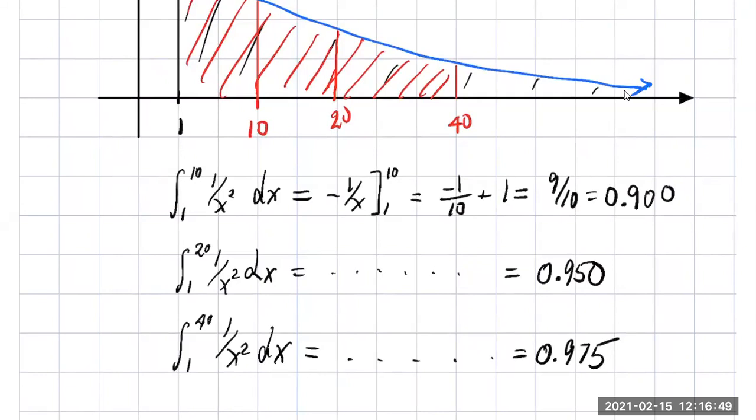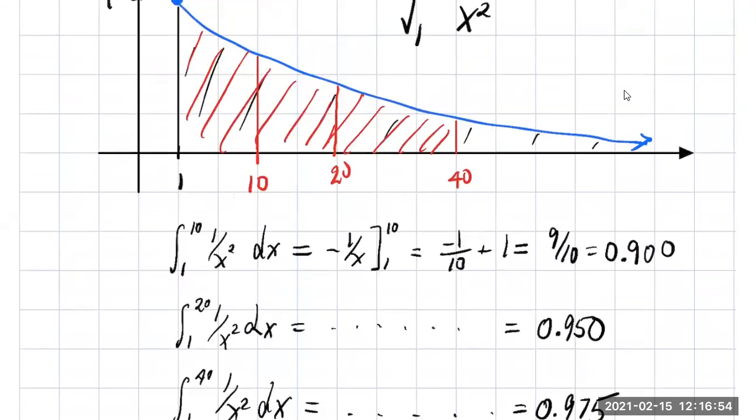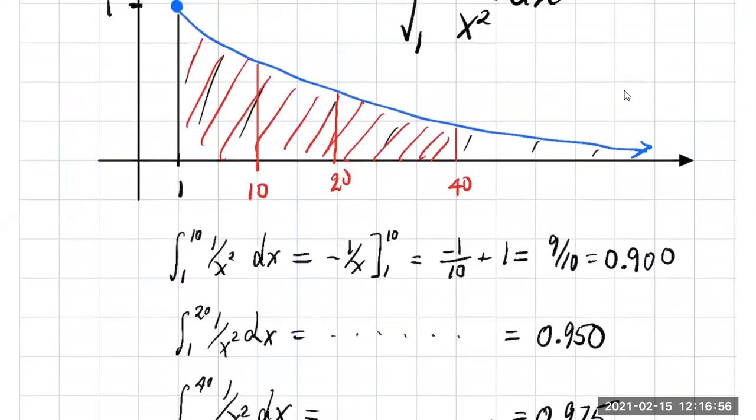See what we're doing here, gang? We're trying to capture more and more area under the graph. It's like we bite off a little bit more of the candy bar every time, right? We went 1 to 10, 1 to 20, 1 to 40.